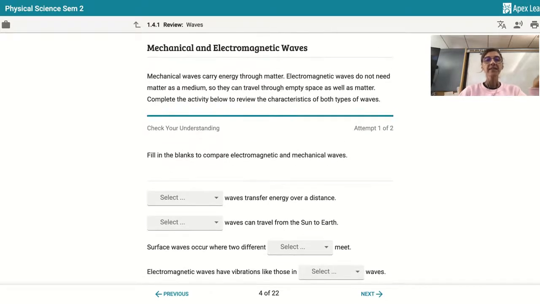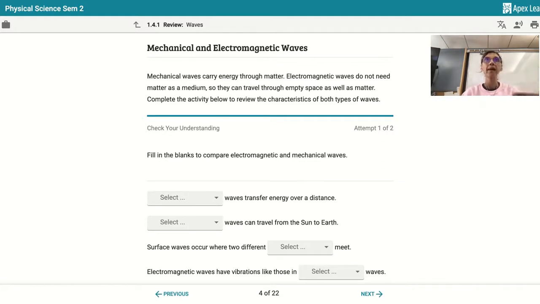Then you looked at the difference between mechanical and electromagnetic waves. Mechanical waves carry energy through matter. They have to have some sort of medium that's made up of matter, made up of molecules, in order to be able to move from place to place. Sound waves are mechanical waves.